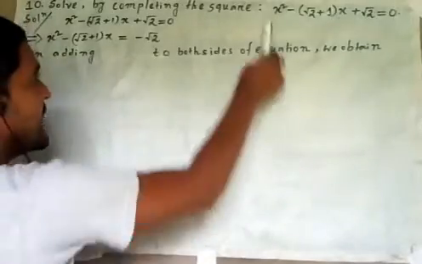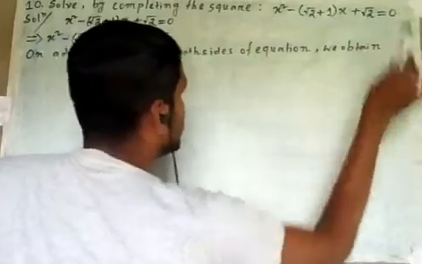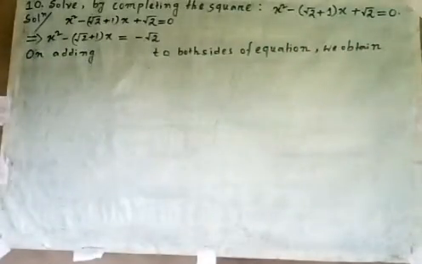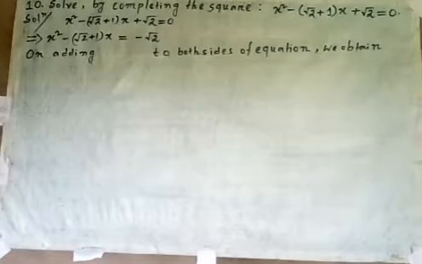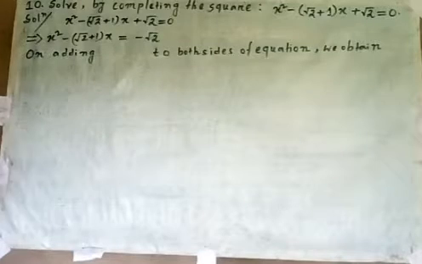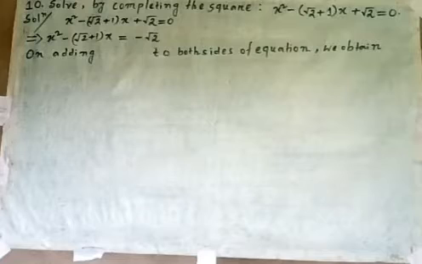If you compare with ax square plus bx plus c equal to 0, then the b value will be minus (root 2 plus 1). Since the b value is minus, we have to apply the (a minus b) whole square formula. What is the formula? A square minus 2ab plus b square equal to (a minus b) whole square.